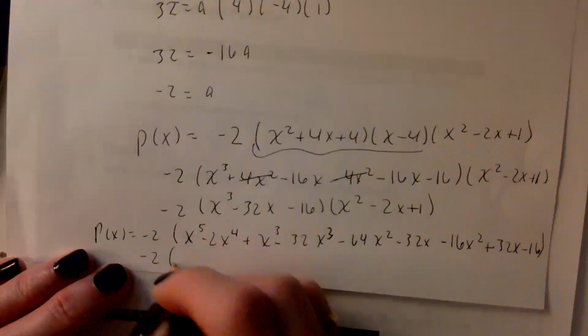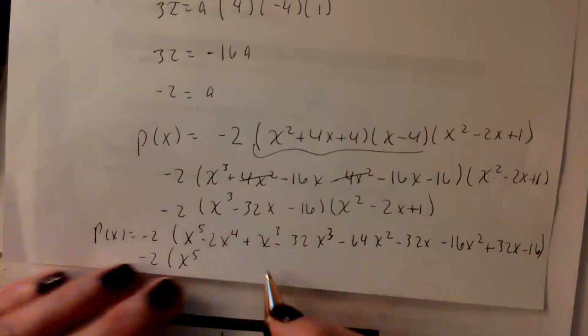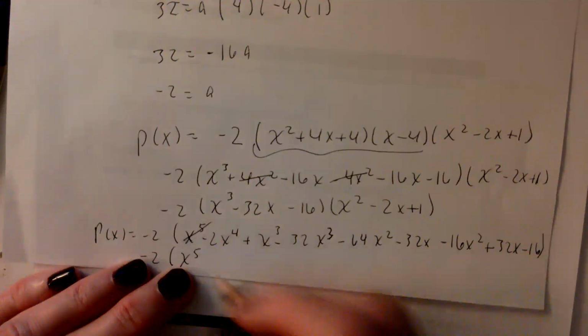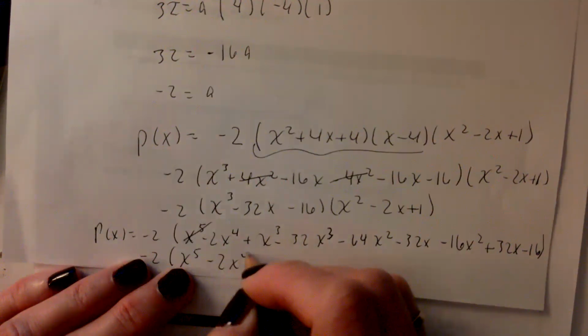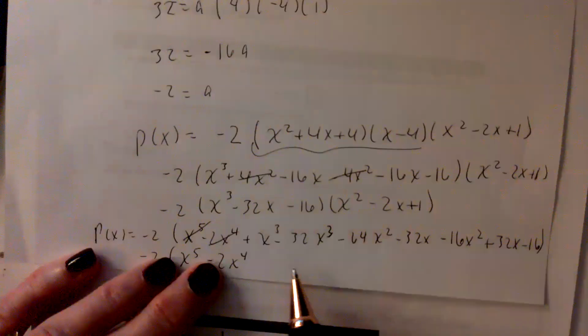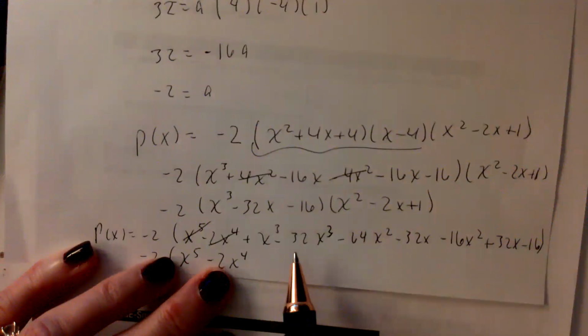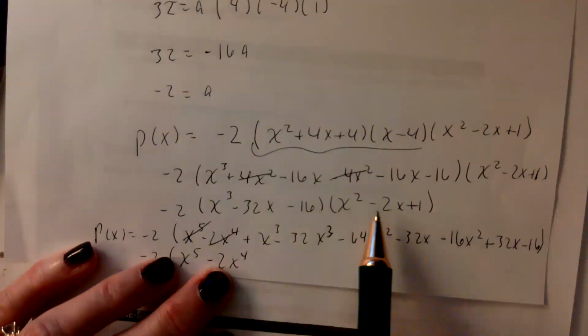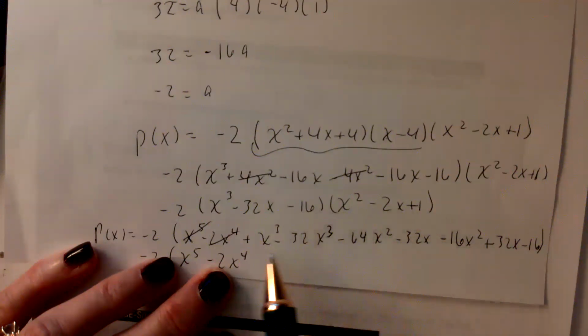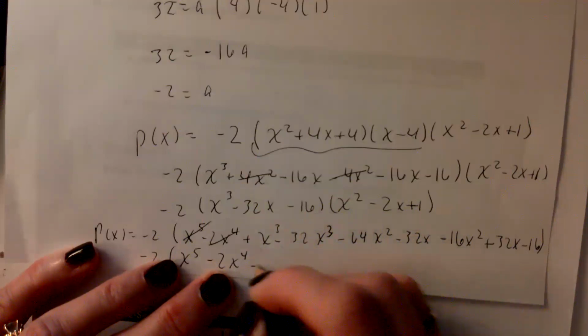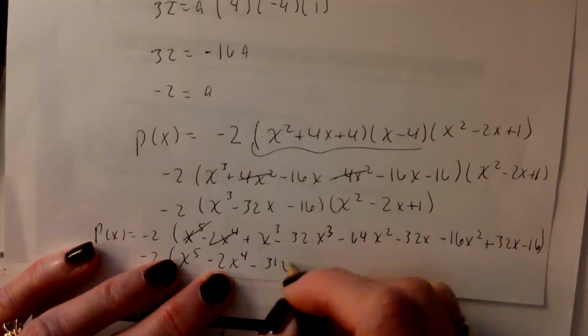Negative 2 times x to the 5th, and then minus 2x to the 4th, and x cubed minus 32x cubed leaves us with just a minus 31x cubed.